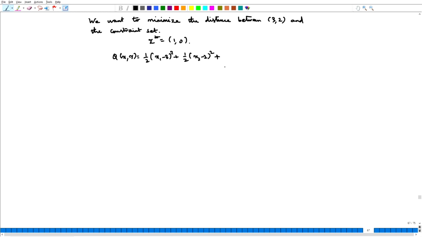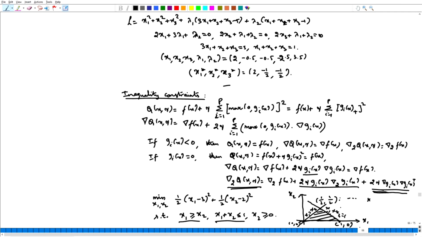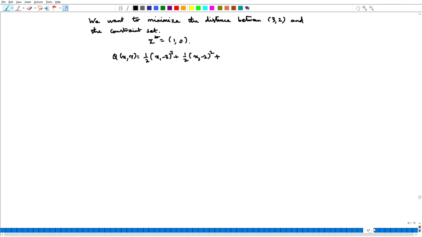you have 3 inequality constraints and each of them needs to be written as g of x less than or equal to 0. So, x1 greater than or equal to x2 I will write as x2 minus x1 less than or equal to 0. So, this will become gamma into, the first constraint x2 minus x1 less than or equal to 0, and you need to take the positive part, so I will write it as plus and squared.